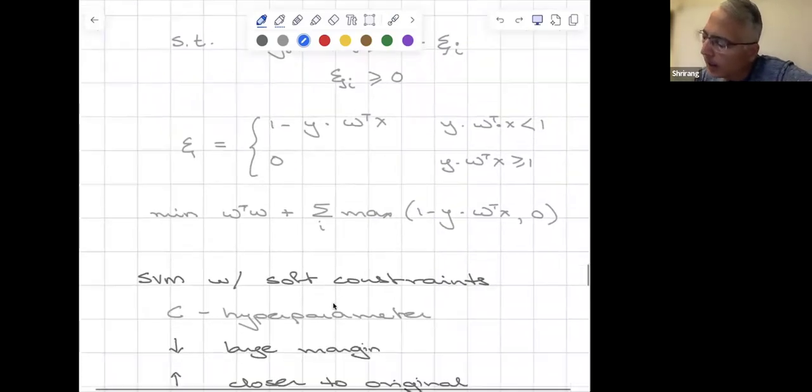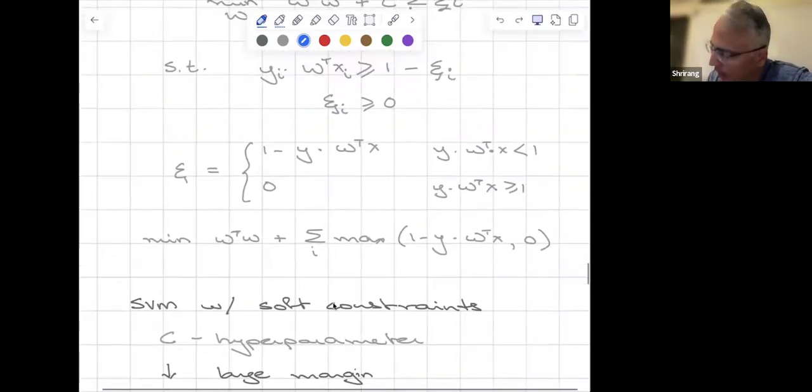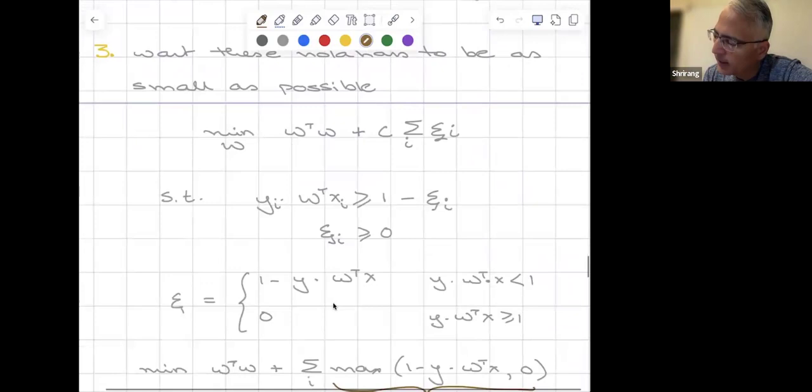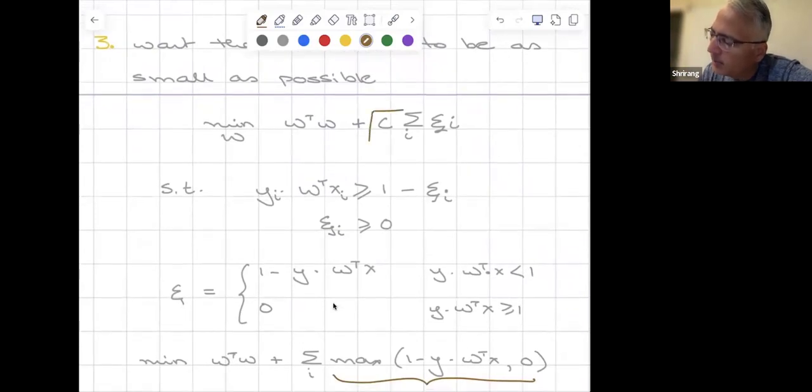Now, if I substitute that value of psi I out here, I get this: minimize W transpose W plus the summation of, for every point, either 0 or 1 minus Y W transpose X. Observe, in my formulation above, and I didn't write it out here, I have this C multiplying psi I. What is this C?